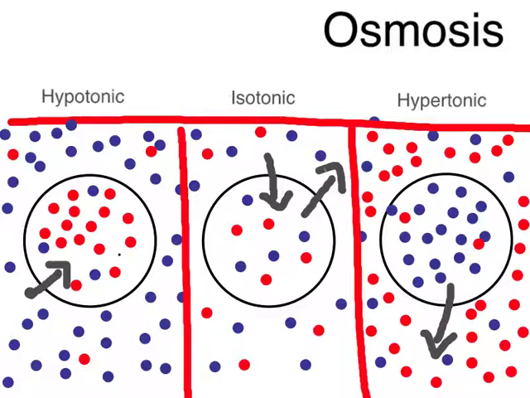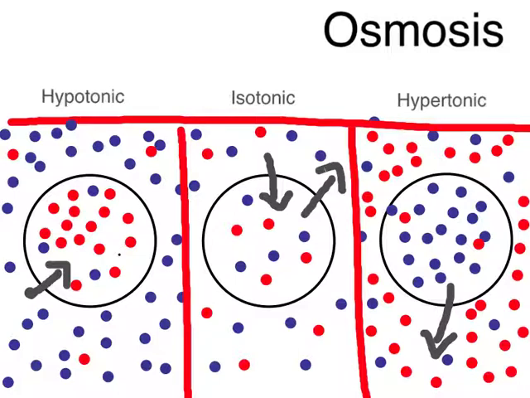Alright, so overall, the reason I showed you just the water first is because it's only the water that's moving. But then I had to add in the other stuff so you can understand these three terms that you are going to be required to understand. So once again, a review. If it's hypotonic, there is more dissolved things inside the cell, meaning the concentration of water is going to be lower, and the water is going to move inside the cell.